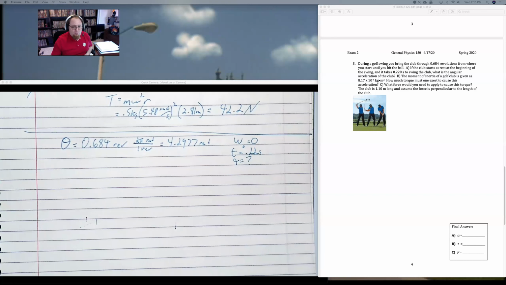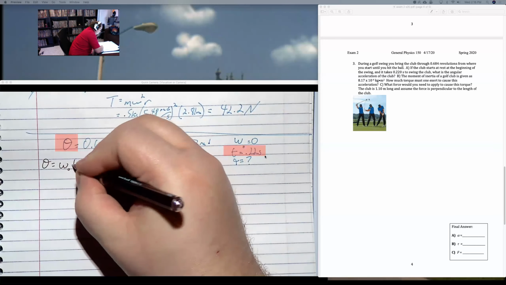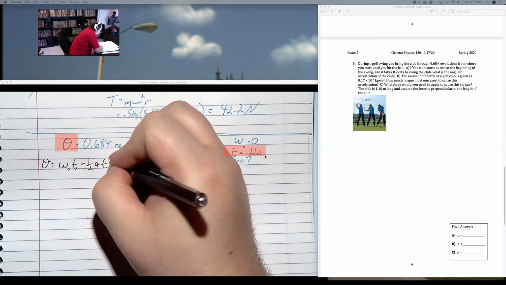Anytime you see an equation, or anytime you give something in this chapter, if either theta is given or t is given, either one, or in this case, both, that will be kinematics, where we have our three kinematics equations. Theta equals theta naught plus omega naught t plus 1/2 alpha t squared.